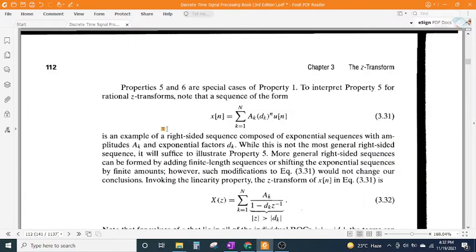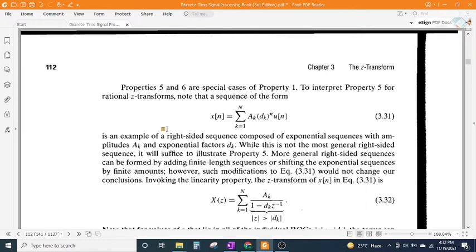Properties 5 and 6 are special cases of Property 1. To interpret Property 5 for rational Z-transforms, note that a sequence of the form x[n] equals the sum over k from 1 to N of A_k d_k^n u[n], Equation 3.31, is an example of a right-sided sequence composed of exponential sequences with amplitudes A_k and exponential factors d_k.